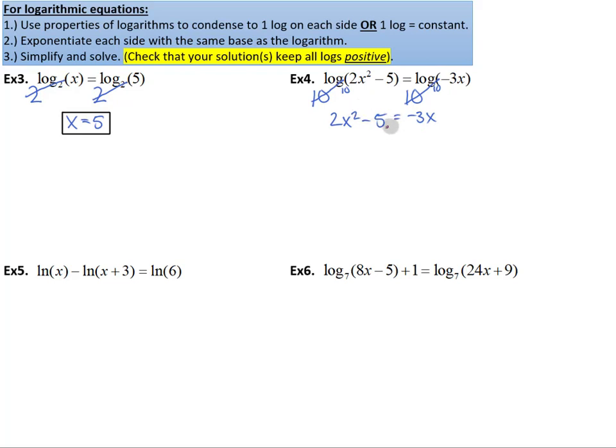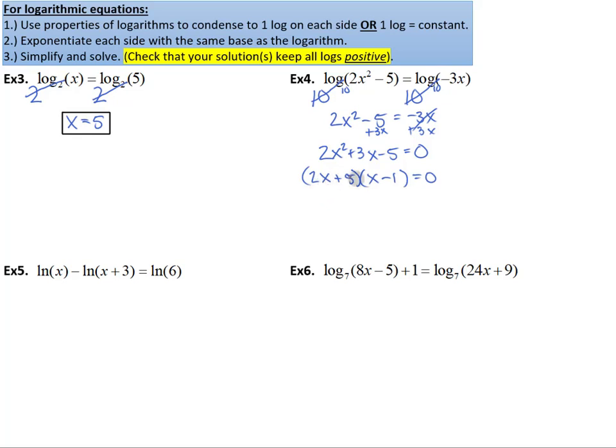Now I notice we have a quadratic here. Let's move everything to the left-hand side to solve our quadratic. Whoops, 3x. So we have 2x squared plus 3x minus 5 equals 0. Let's go ahead and see if this is factorable. Okay, and this one does factor.